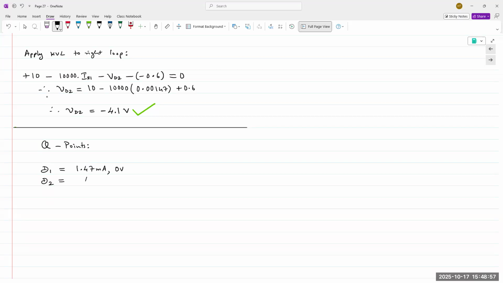For D2, it is 0 milliamps and minus 4.1 volts. And D3 is 0.94 milliamps and 0 volts. Oh, sorry, not 0. I keep forgetting this is not ideal diode analysis. It's 0.6 volts.